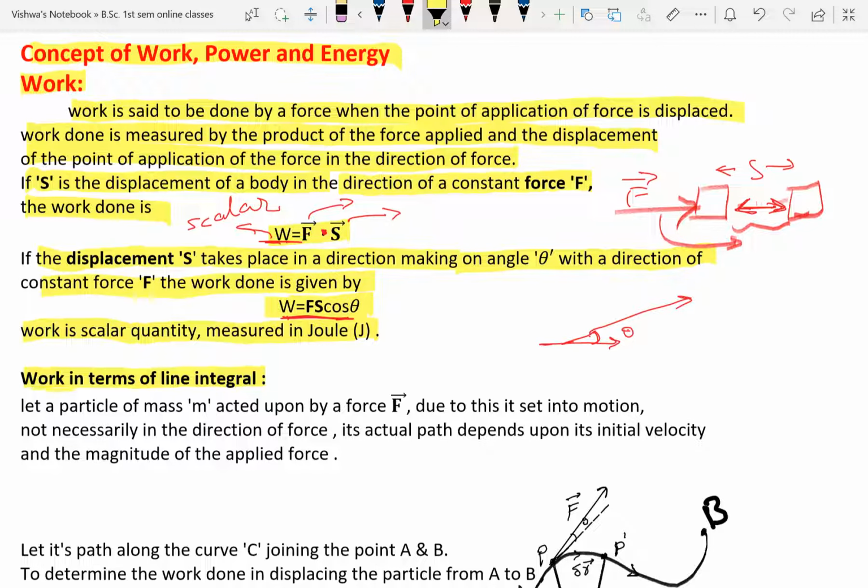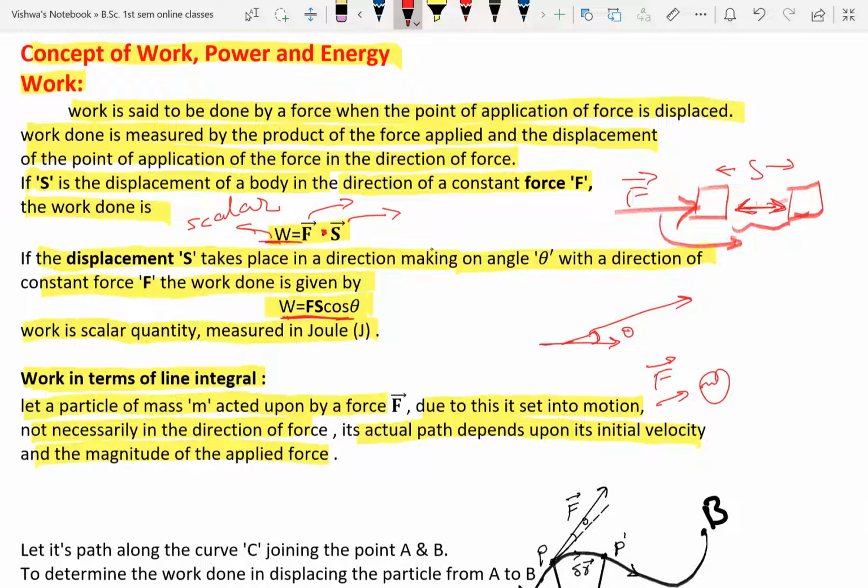Now work in terms of line integral. Let a particle of mass m be acted upon by a force F. Due to this, it is set into motion, not necessarily in the direction of force. Its actual path depends upon its initial velocity and the magnitude of the applied force. Now there is an object of mass m, and a force F is acting on it. Due to this force, the object is set into motion.